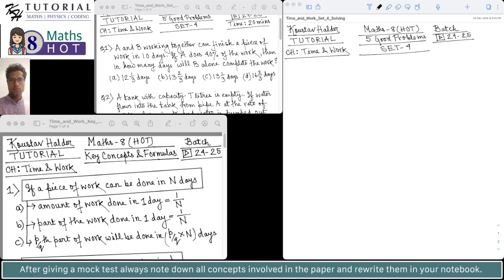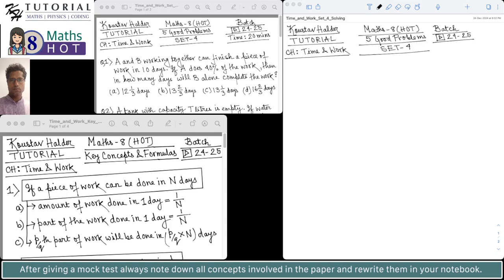So I'm referring to the PDF version of the 5 good problems, which you can see on the left hand side on the top, and below I have a reference of the key concepts and formulas that I will use to solve the problems. And while I solve a problem, I will refer to the concept number at a particular step.